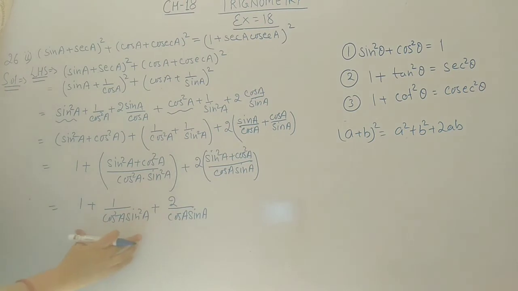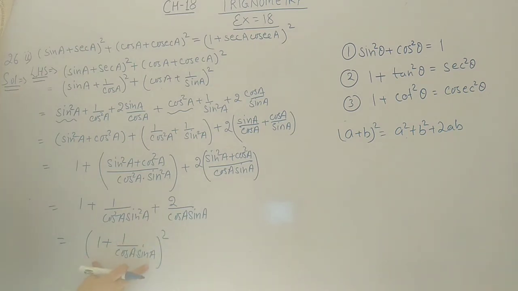And if you compare this with the formula a square plus b square plus 2ab, in place of a we have 1, square, plus (1 by cos A sin A) whole square, plus 2ab, 2 into 1 by cos A sin A. So this thing we can write as (1 plus 1 by cos A sin A) whole square.